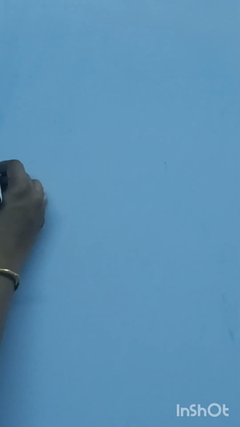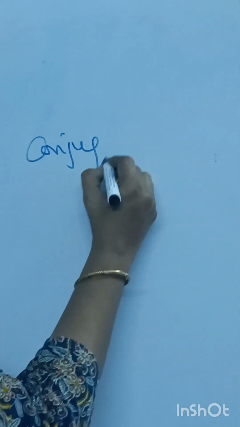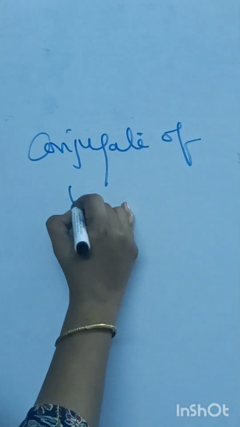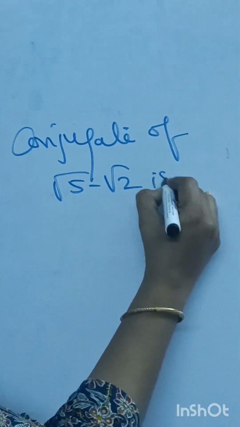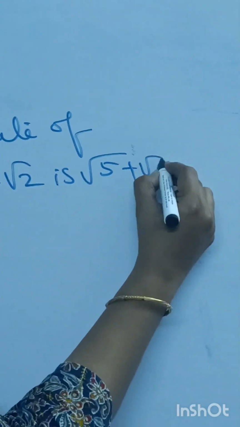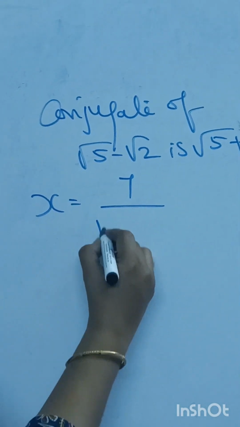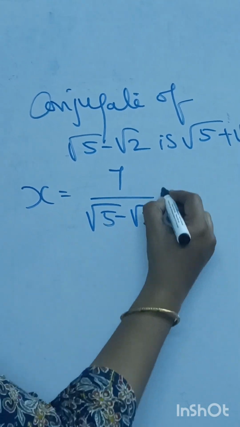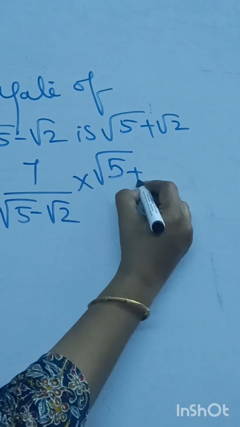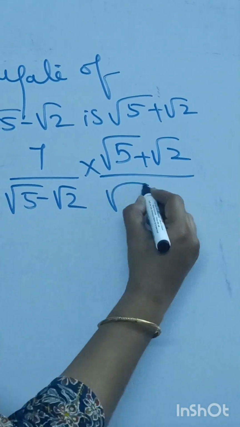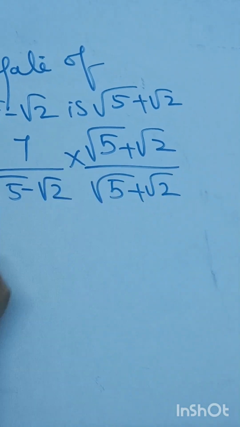Now you have to take the conjugate of root 5 minus root 2, which is root 5 plus root 2. Already we have x is equal to 7 divided by root 5 minus root 2. Multiply numerator and denominator by its conjugate, root 5 plus root 2 divided by root 5 plus root 2.